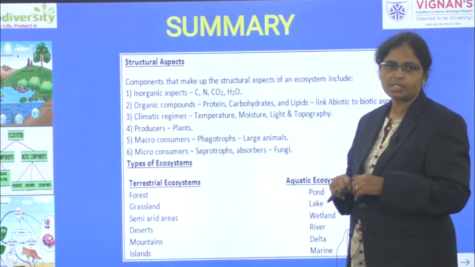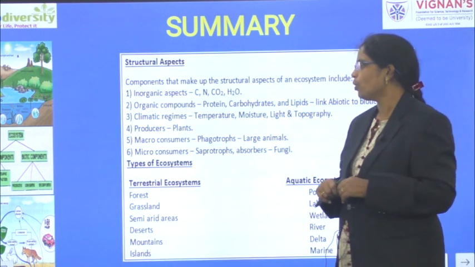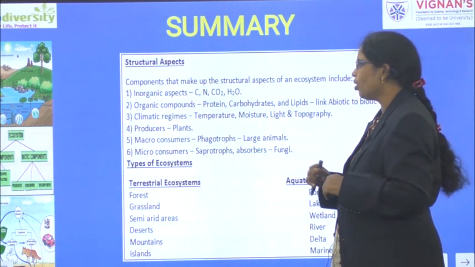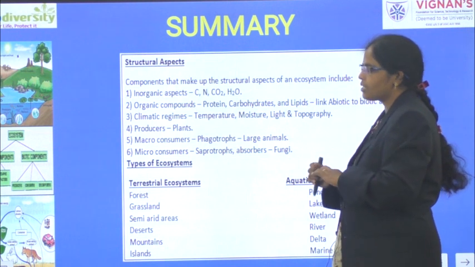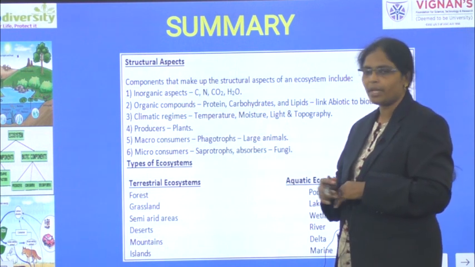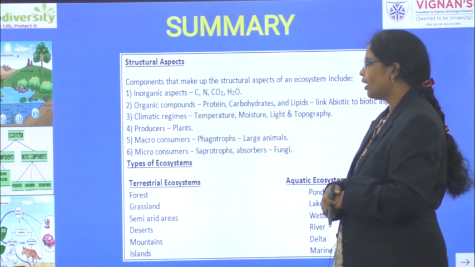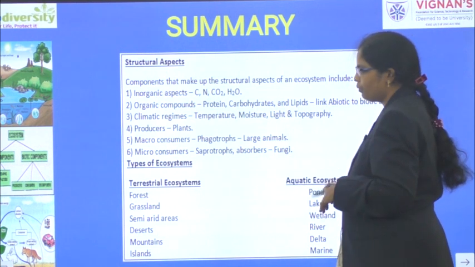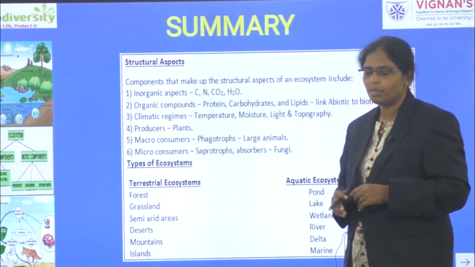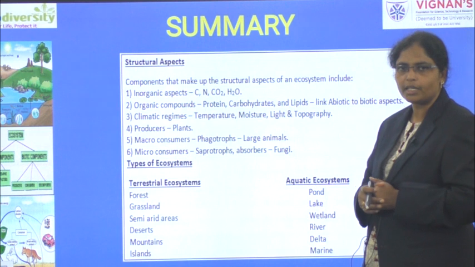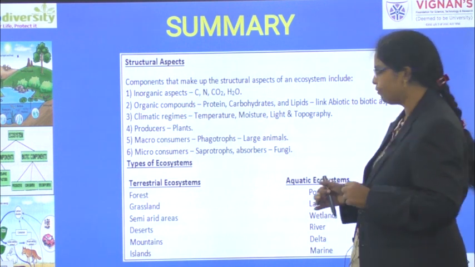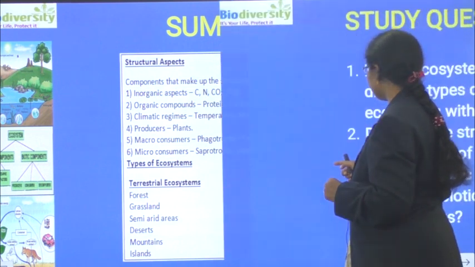Here you can see various organic and inorganic components as well as abiotic components and producers, macro as well as micro consumers. And you can see the various types of ecosystems: one is the terrestrial category and another is the aquatic category. This is the overall view and summary of the ecosystem.